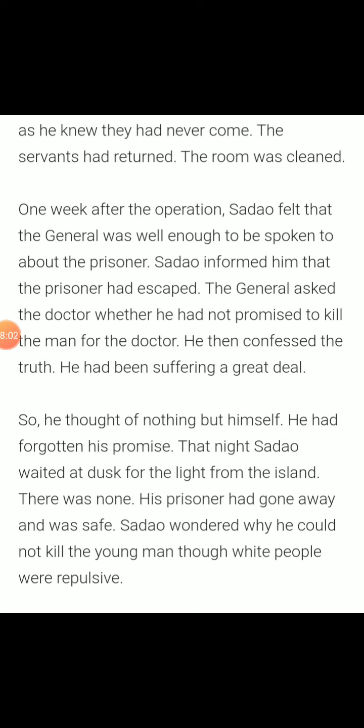So the entire chapter deals with the patriotism that should have been instilled in Dr. Sadao of having killed the enemy, not having taken the side of the enemy. But it was the humanism, the spirit of the doctor inside him, that really helped him to save the American, Tom.